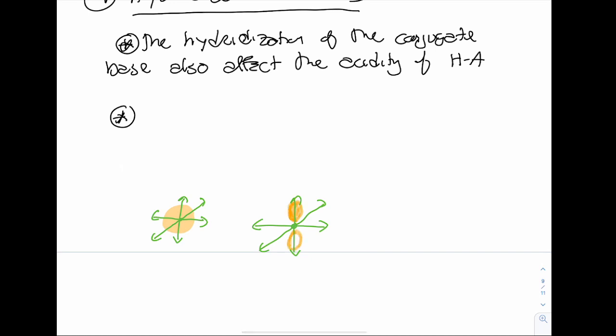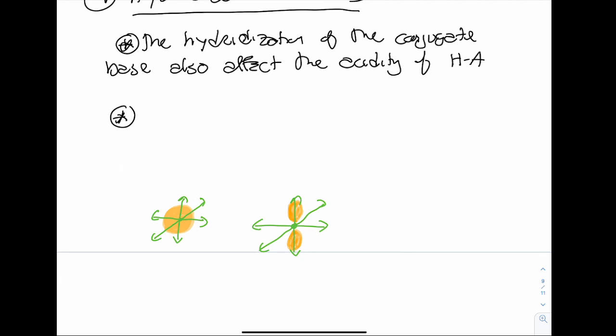And I'm just going to draw one of them, but we could have drawn them on the x or the z axis. But if we look at the p orbital, there's no electron density where the nucleus is. The orange highlighter that I put on there does not touch the green dot in the middle. My s orbital, that electron density is all around that nucleus.